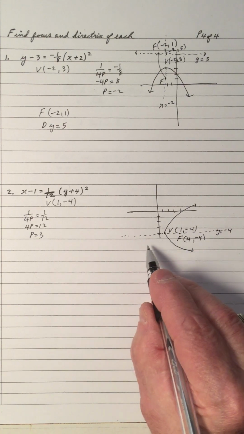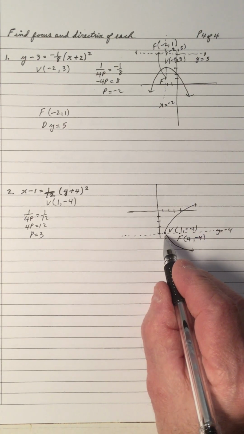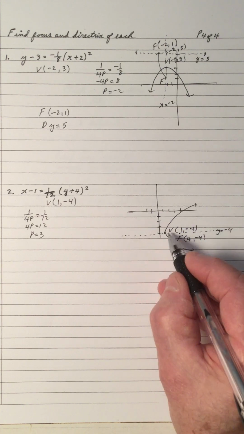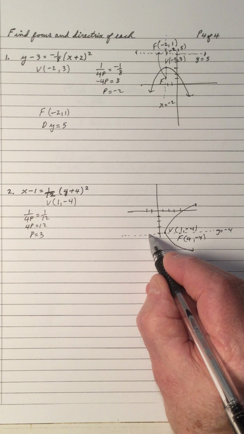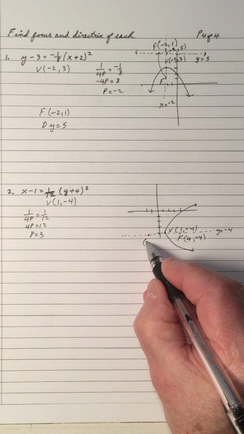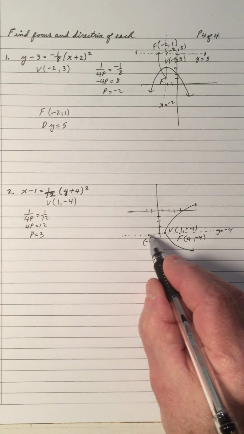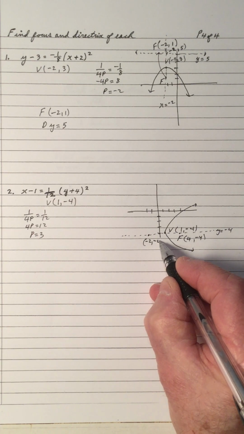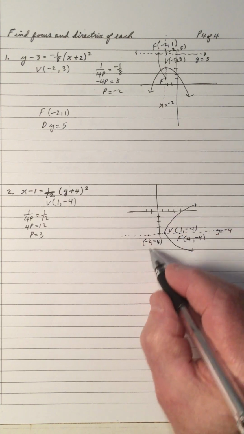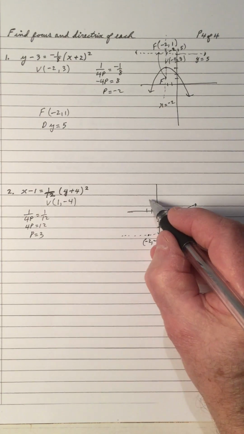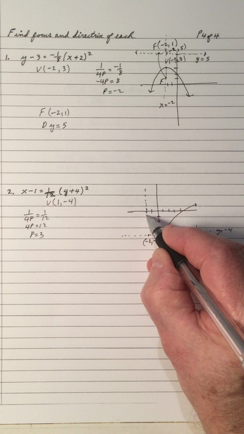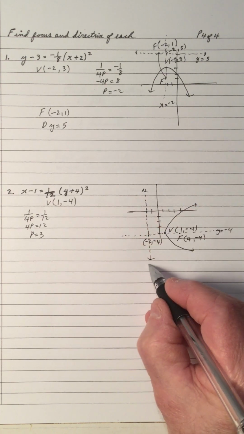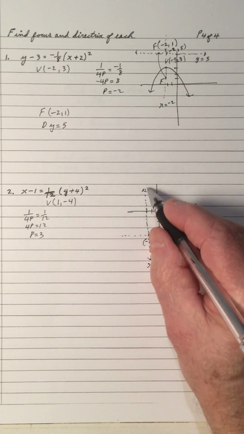And the directrix is on the other side. This is 3 units to the right, this is 3 units to the left. So we go 1, 2, 3. So this point here, x is negative 2. And on this line, all the y's are the same, so that's negative 4. So directrix is perpendicular to the axis of symmetry. So the directrix is right straight down through here, through this point. On this line, x is negative 2.